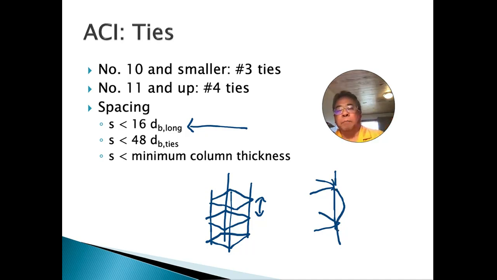If you put the bars too far apart, once the concrete comes off of the outside of the column, these bars can buckle. And if you've ever seen an earthquake and a collapsed building, you often see a picture that looks like this.